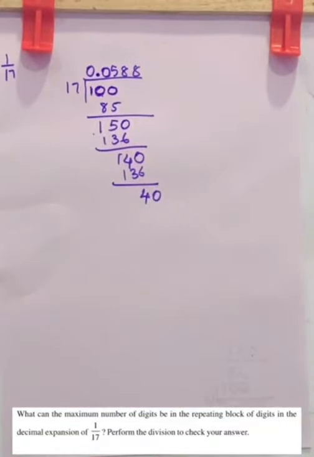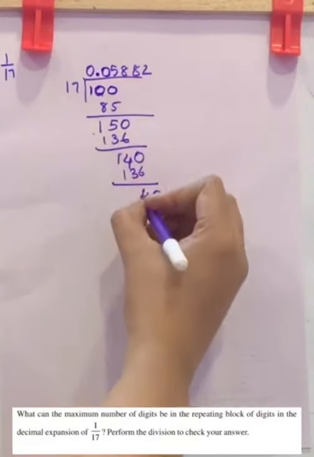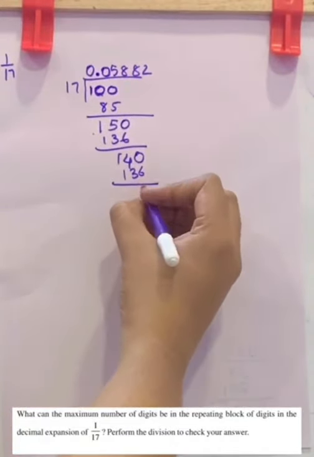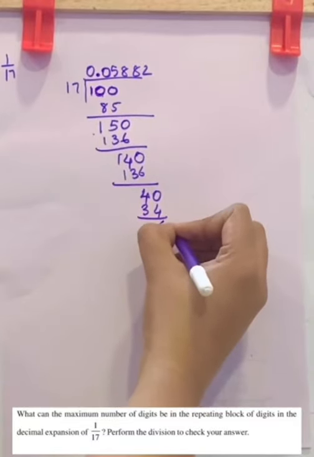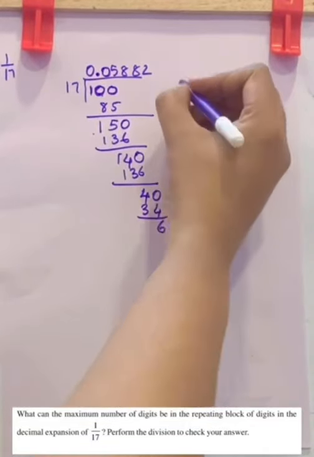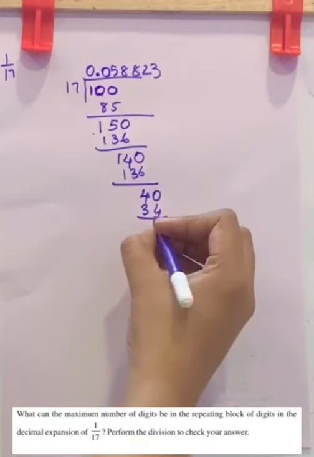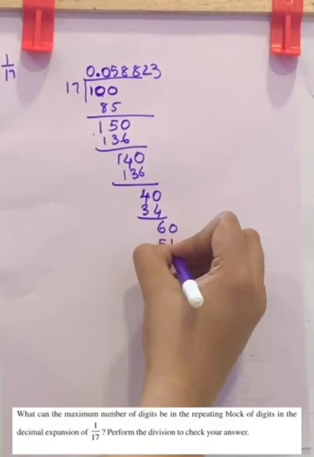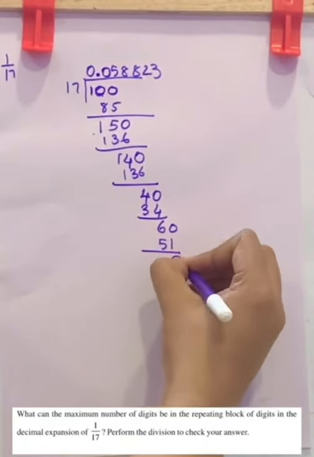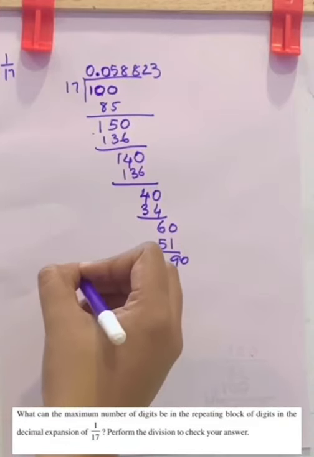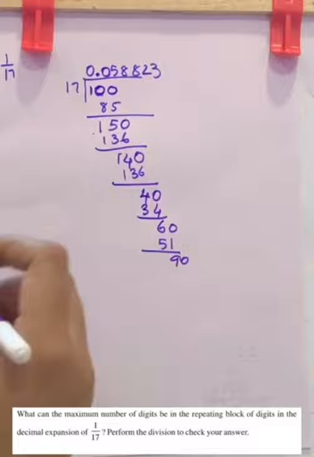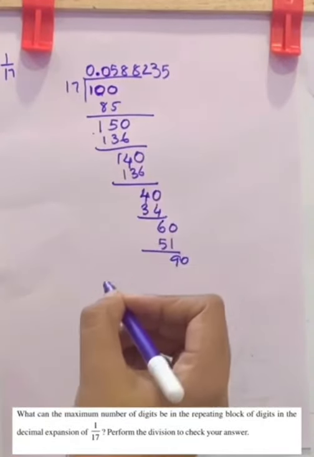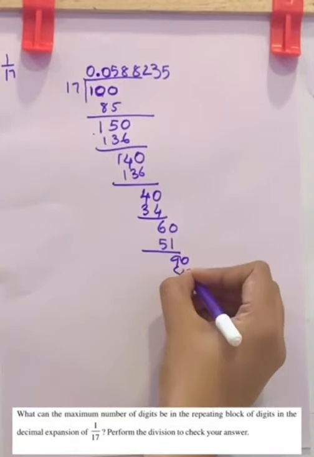In 40 it is 2 times. 17 2s are 34. Balance is 6. 60. In 60 it is 3 times. 17 3s are 51. Balance is 9. Make it 90. In 90 it is 5 times, that is 85.